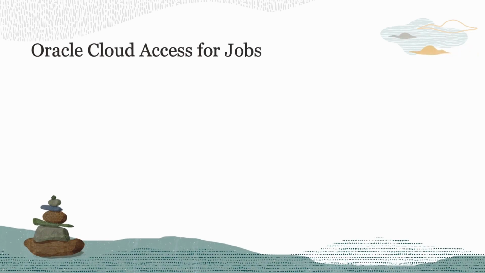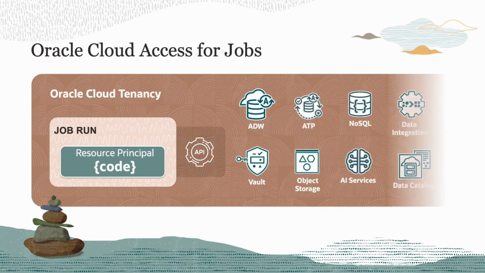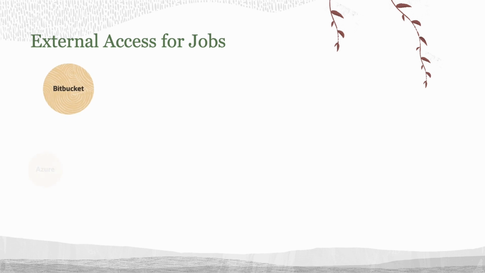Jobs and job runs both support several options for access and management. As long as the proper policy is in place, jobs can access all OCI resources in your tenancy, like data in ADW or object storage. Jobs can also access internal sources if you have configured the appropriate virtual cloud network. You can use vaults to provide a secure way to authenticate against third-party resources. Jobs support OCI SDK and an API.